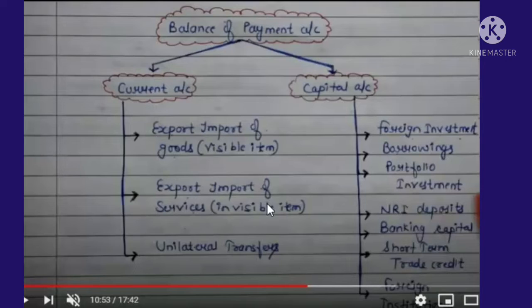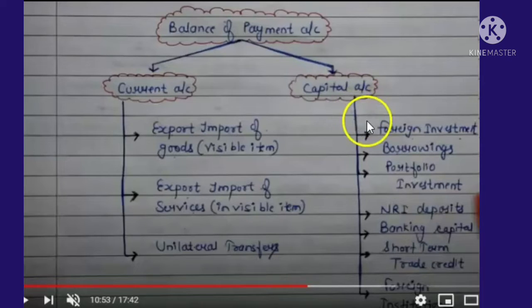Under that, we know that the capital account is a record of all transactions between the residents of a country and the rest of the world which cause a change in the assets or liabilities of the residents of the country or its government. So it is causing some change, and that's known as a capital account.